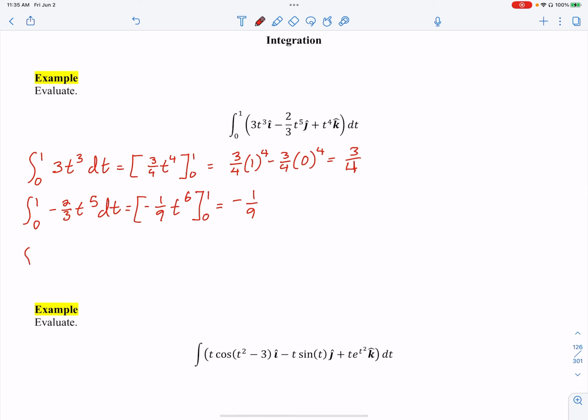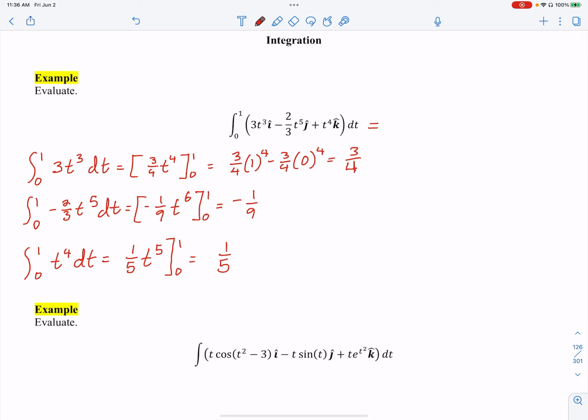And then our third one is the integral from 0 to 1 of t to the 4th dt, which is going to be 1/5 t to the 5th. We're going to run that from 0 to 1, so we get 1/5.